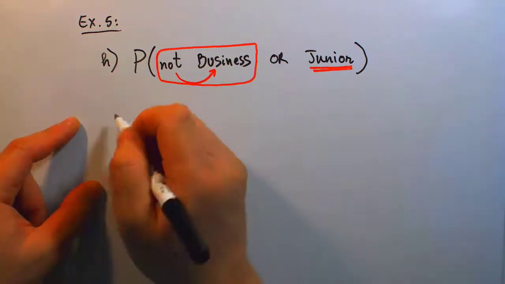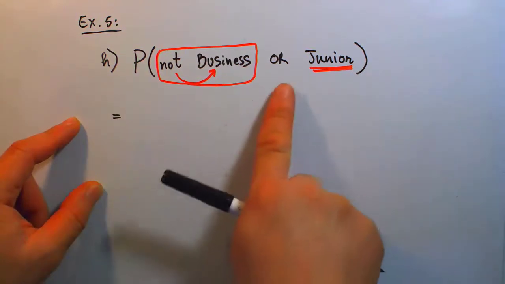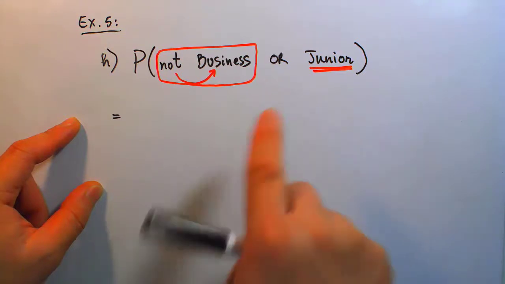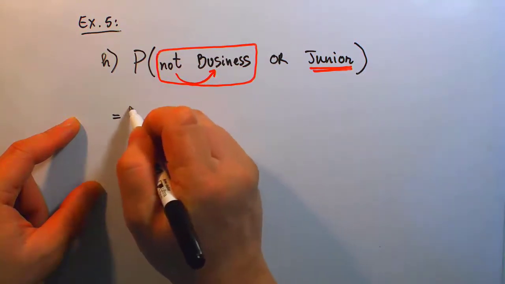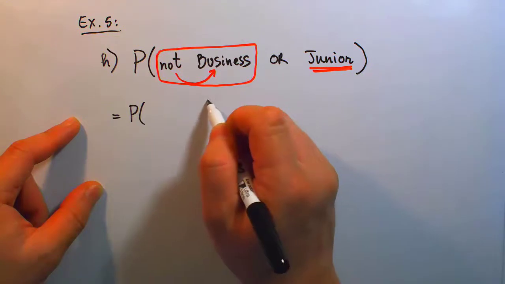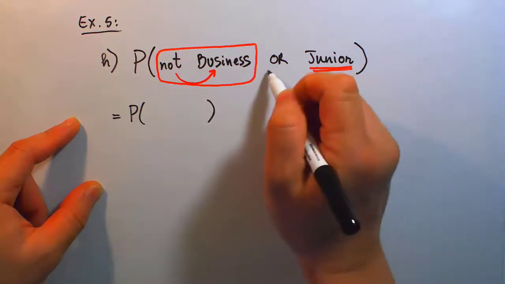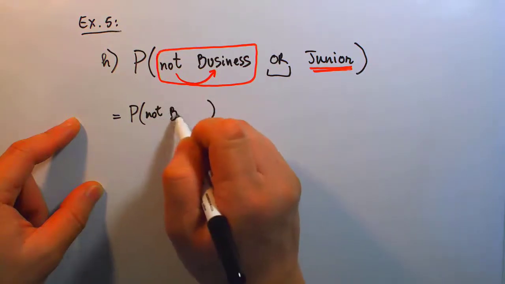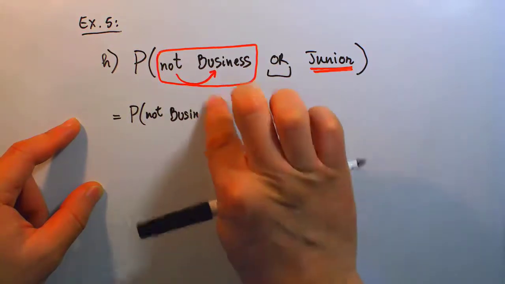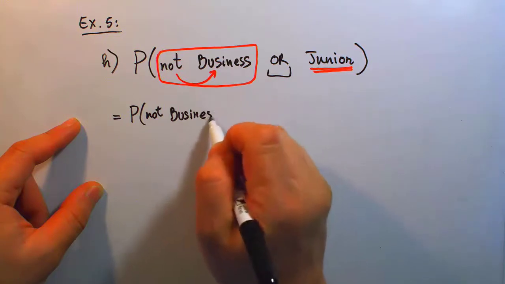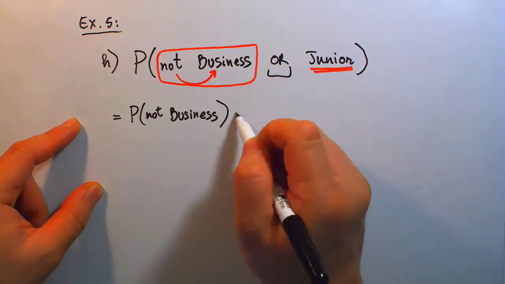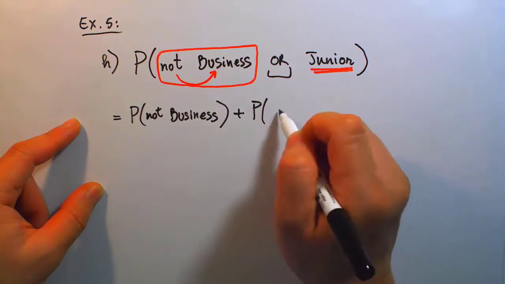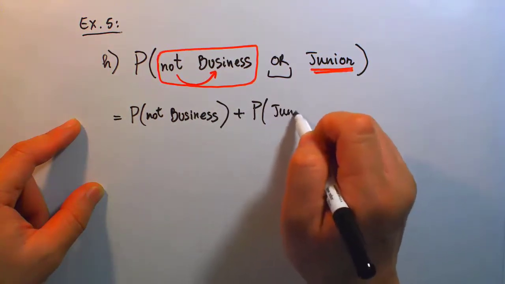But now, when I emphasize that concept about grouping the negation with its partner event, the advantage came out when you're applying it to the compound statement with the OR keyword, because it gives a really good convenience when we're separating it out. The OR here is still the separator, and we can separate it out into a probability of being not business, and then we add a separate probability of being a junior in that class.